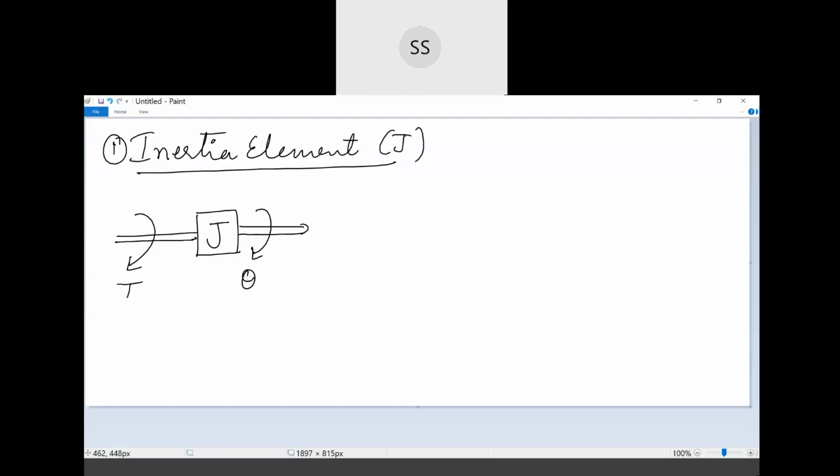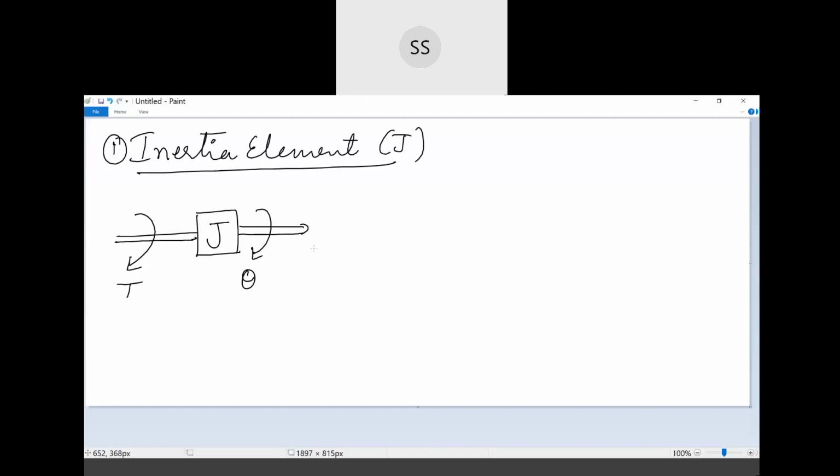So J is an inertia, mass of inertia. To this the torque T is applied. Because of this, this mass of inertia is put into rotary movement and it is moving with an angle theta.